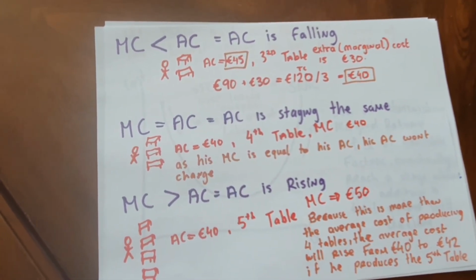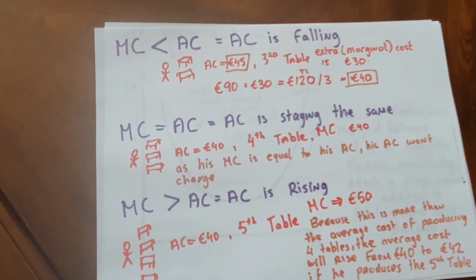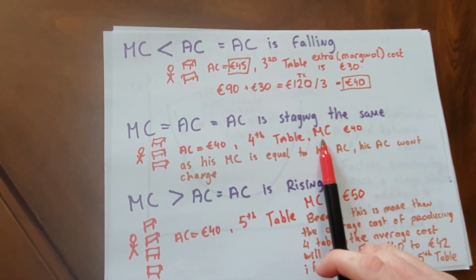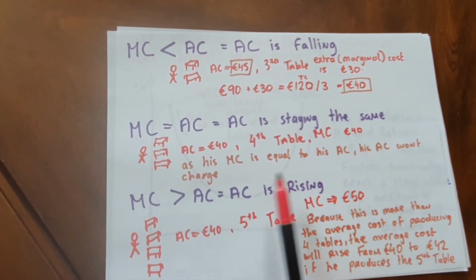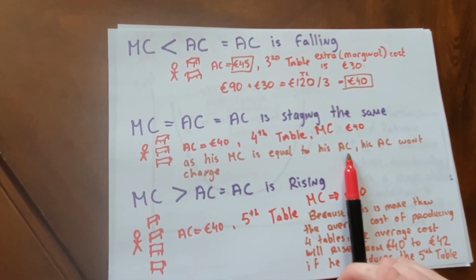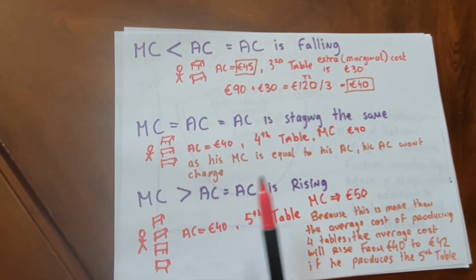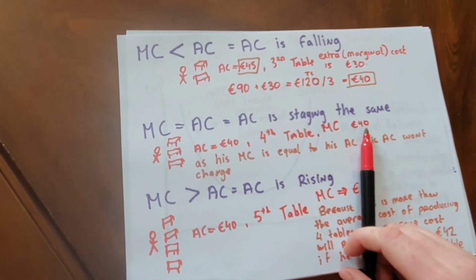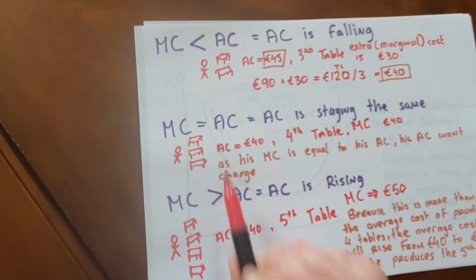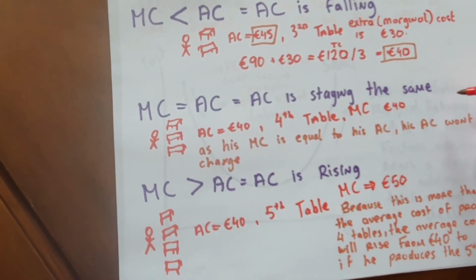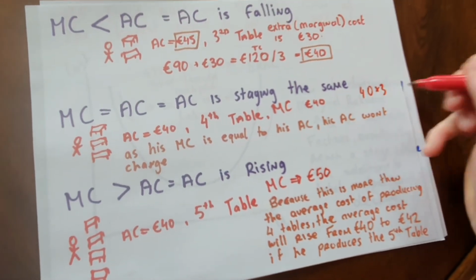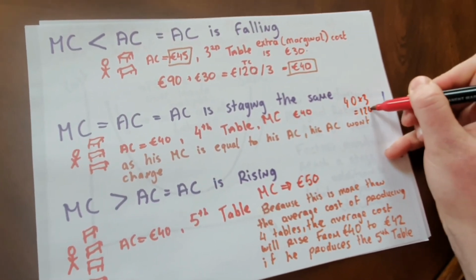Tom's now thinking, can I make a 4th table? We're told that his marginal cost of producing that 4th table is €40. So as his marginal cost is equal to his average cost, the average cost won't change. Even if we take that 40 and work out his new cost, his average cost is €40 and he's making 3 tables, so we say 40 multiplied by 3, which gives us 120.